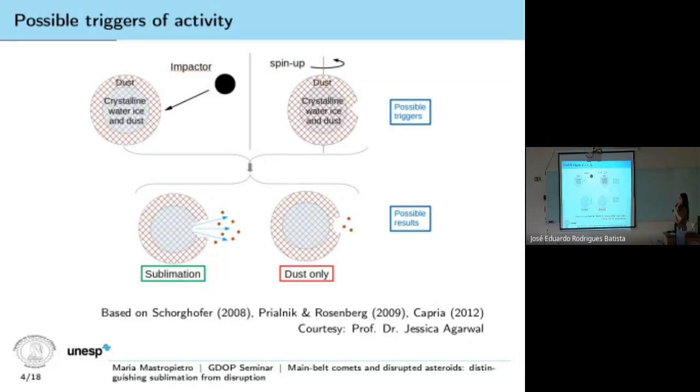However, if the ice is not exposed, then we only see dust emission. And this is what we see for disrupted asteroids. In these cases, if a small portion of the ice is exposed, then we can see a sublimation event, but it is only a one-time event, not recurrent, like for main belt comets.